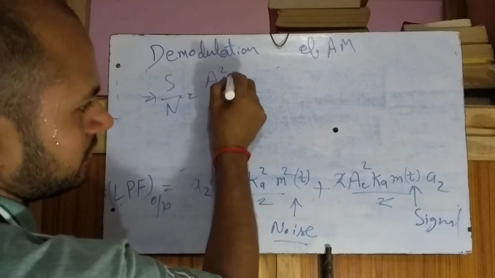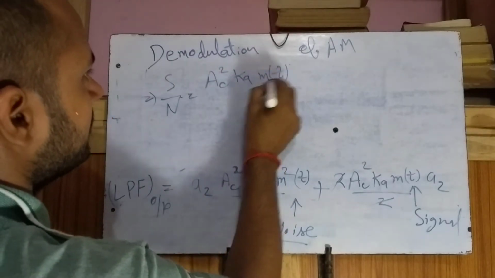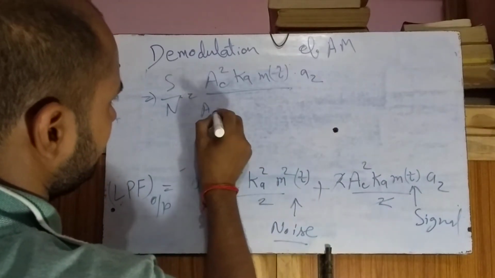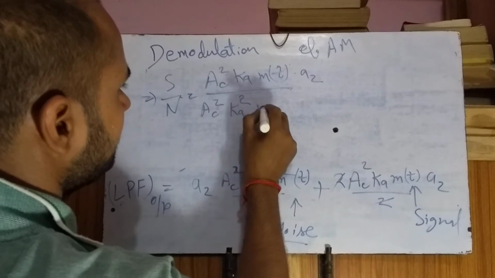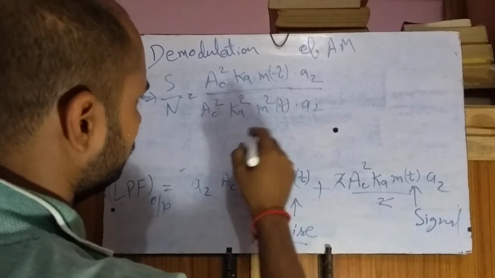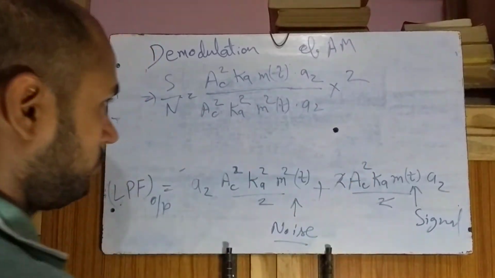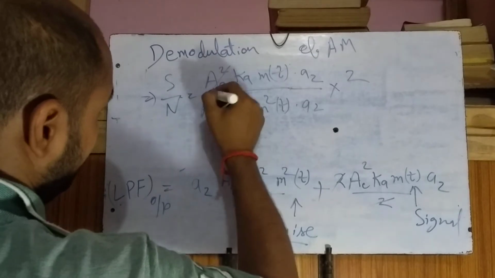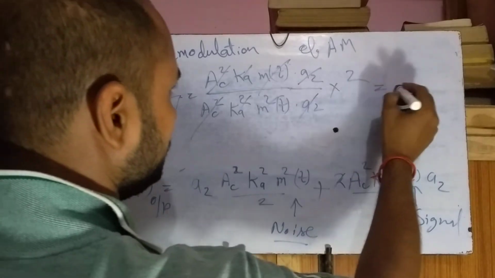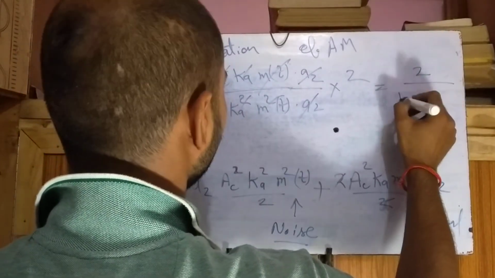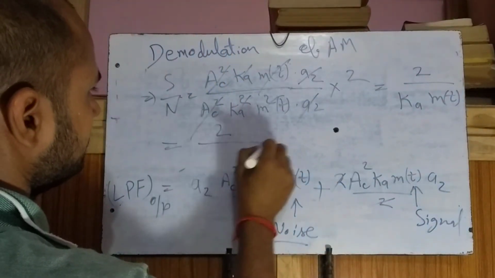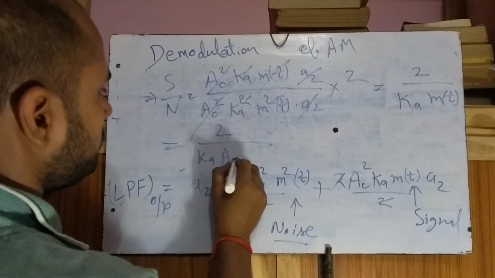It is Ac square Ka m(t) by Ac square Ka square m square t into A2 by 2. The 2 will go up. Ac square cancels, A2 cancels, one Ka, one m(t), one m(t). So the result will be 2 by Ka m(t). Let m(t) be Am cos 2 pi fmt.